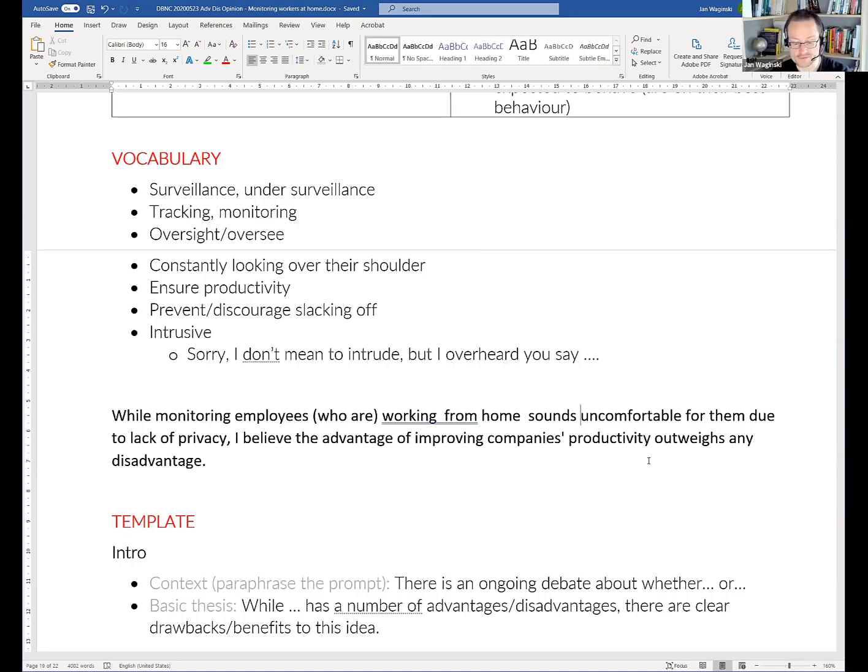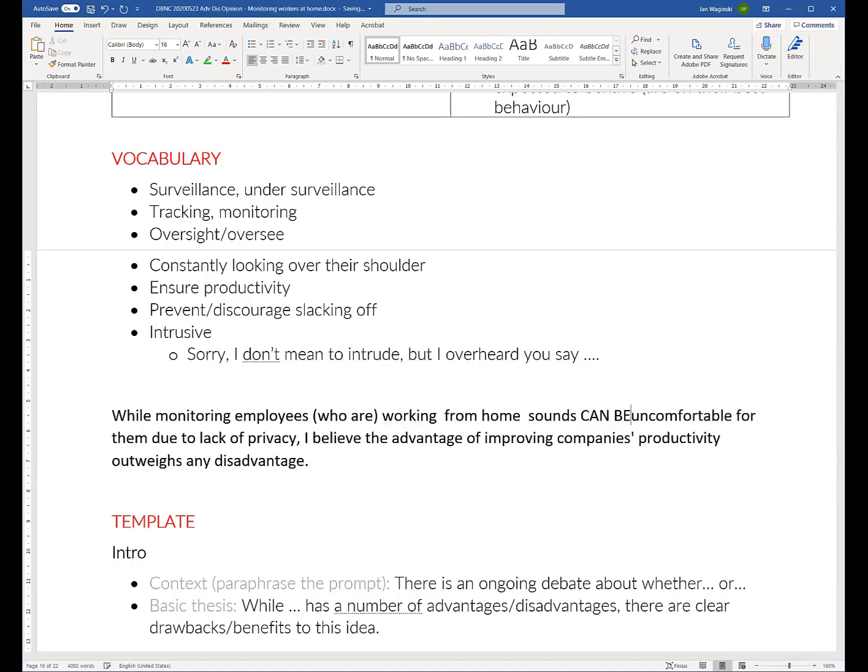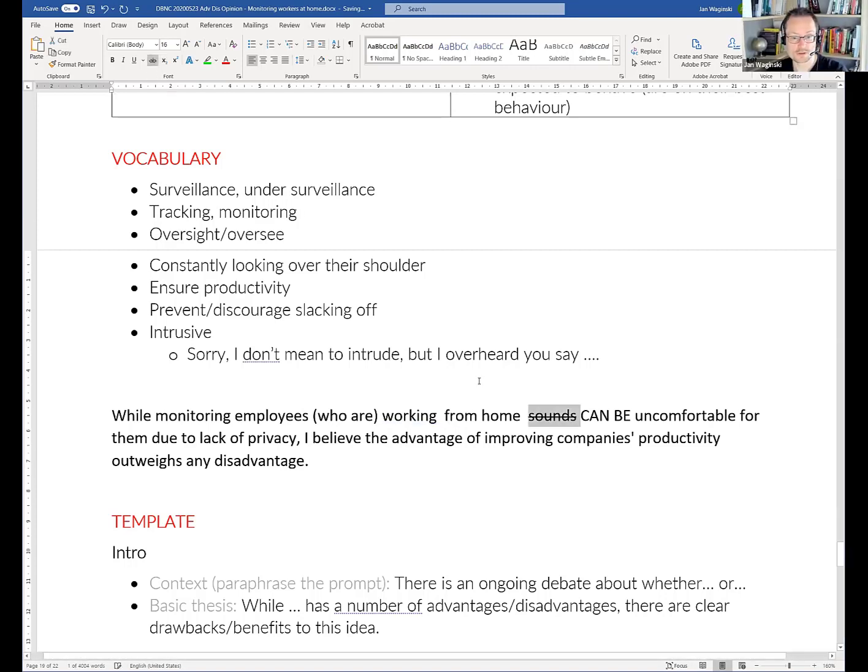Hedging language, yes. Yeah, I heard about it. We'll use can be. Can be or seems uncomfortable. Here, uncomfortable. We need to put for them. It will be clear without it. It's clear without it. You can leave it in.